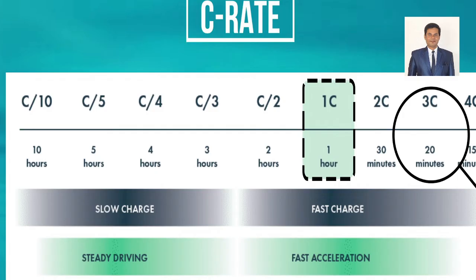Finally, it tells about the degradation of the batteries, how much life they can give, whether one year, four years, five years, or six years. It depends upon the battery life. That is what we have to see. The C rate is very important.